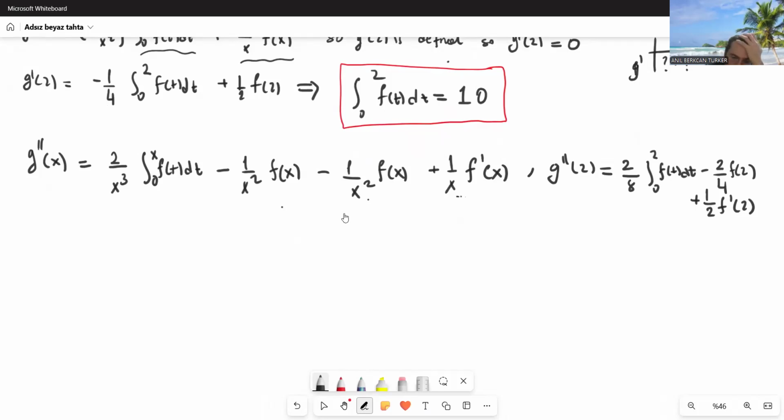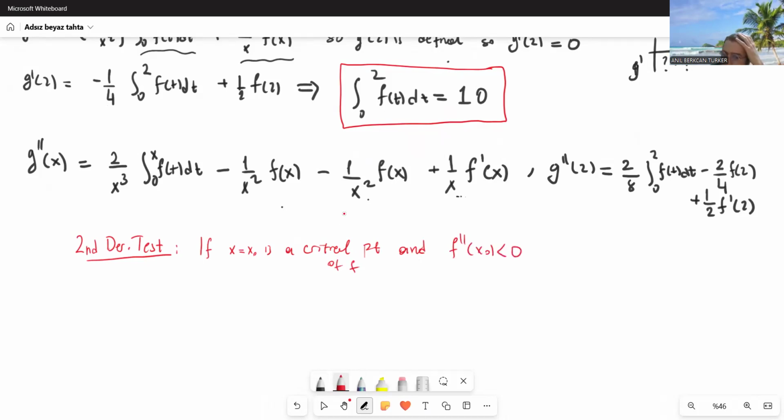So let's recall the second derivative test. If x0 is a critical point and f prime prime x0 is less than 0, then x0 corresponds to a local maximum, since this is concave down.